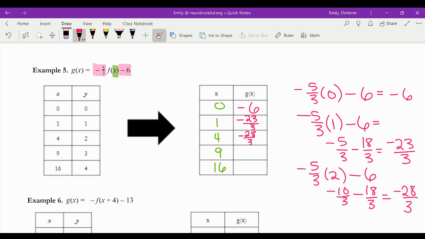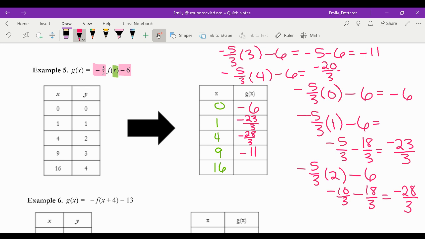Okay, I'm going to move up here because we're running out of room down there. -5/3 times 3 is -5, minus 6 is -11. Negative 5/3 times 4 is negative 20 thirds, minus 18 thirds is negative 38 thirds.